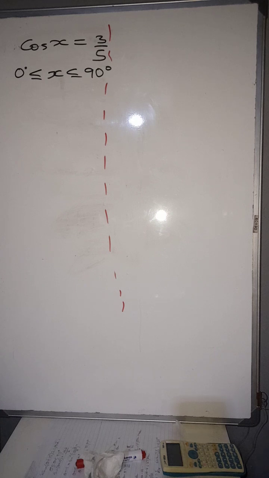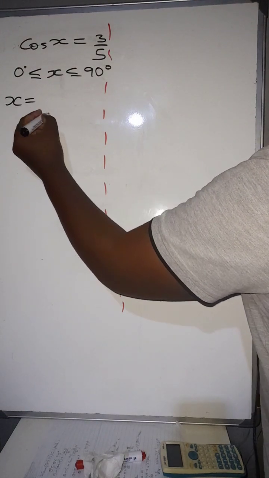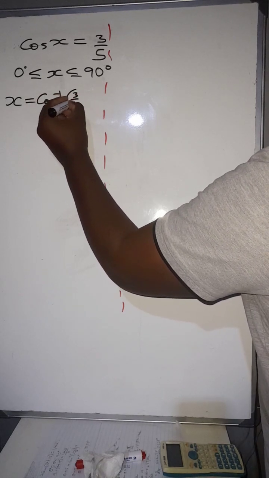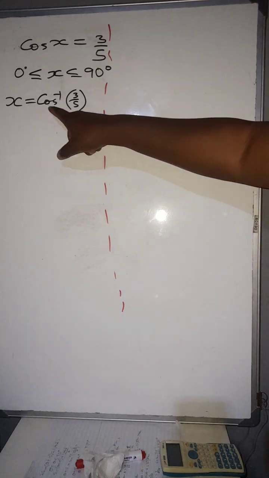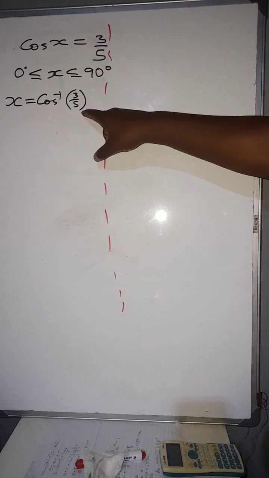But our first equation here, cos x is equal to 3 over 5, and our x is in the first quadrant between 0 degrees and 90 degrees. How do we do that? X here is equal to the second function, or shift cos 3 over 5. This is how you type it on your calculator.